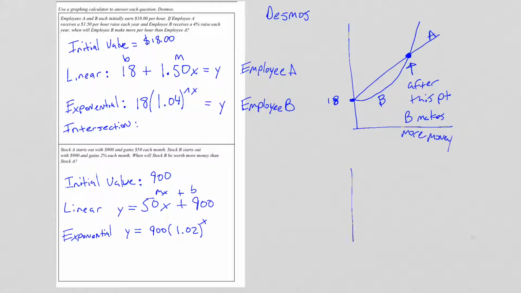And again, we're going to get a graph. When on our homework, we get out the Desmos program, and you're going to have, right, this is stock A, and this is stock B. And one of them is going to be a line, the other is going to be a curve. They're both starting at the same spot.